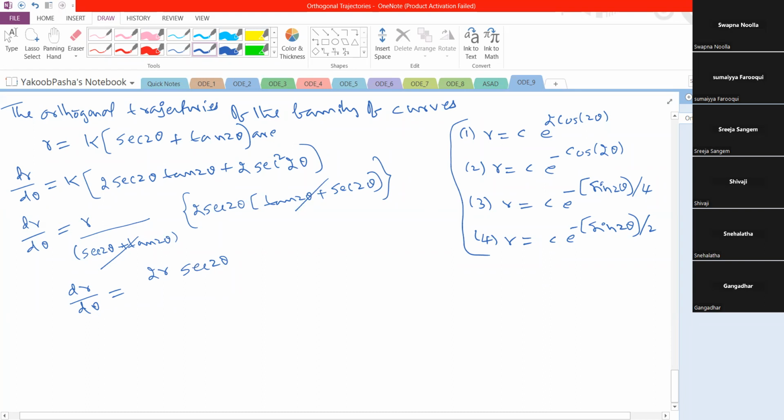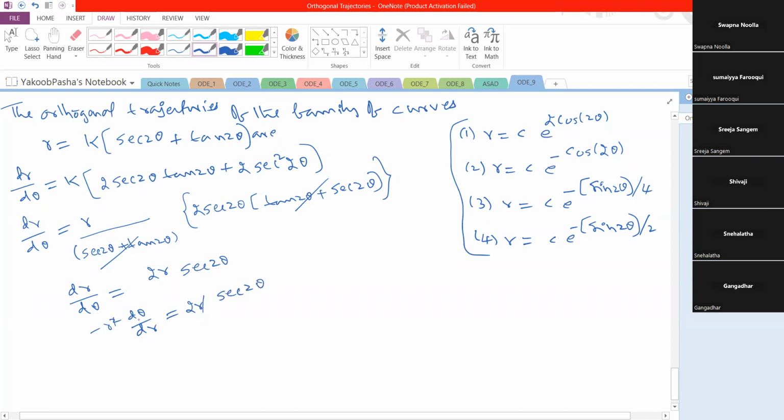So replace dr by d theta by minus r square d theta by dr. That is minus r square d theta by dr is equal to 2r secant 2 theta. Here one r will be cancelled.